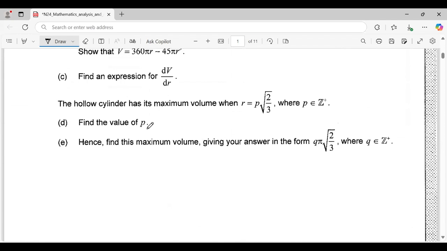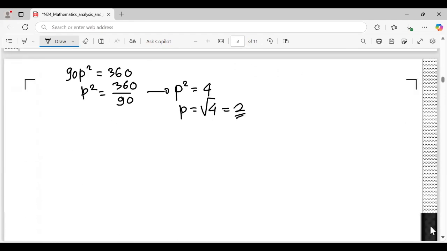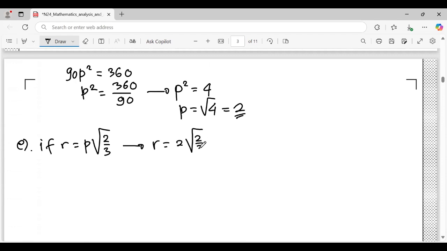Hence, find this maximum volume. Giving your answer in the form q pi square root 2/3. If r equal p square root 2/3, it means this is r equal to 2 square root 2/3.